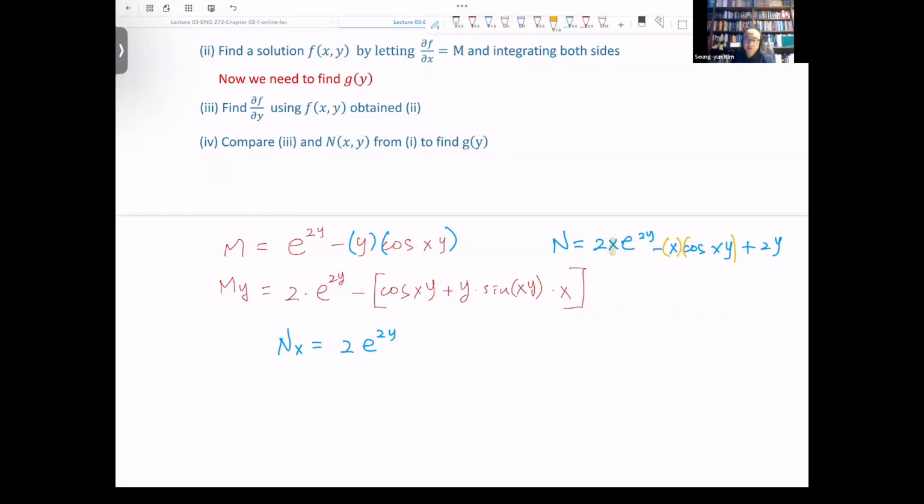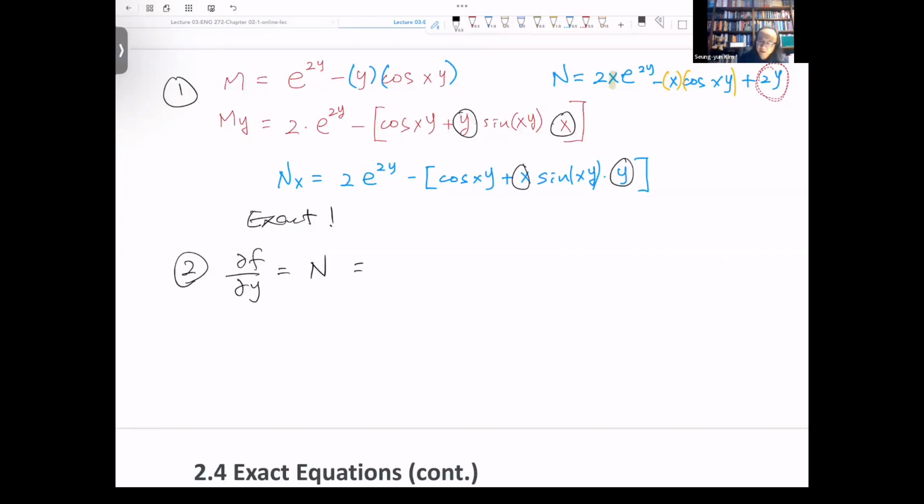There are two x's. First derivative, second one, plus first, second derivative, sine xy, this time y, derivative of 2y, they're all constant, it's going to be 0. So when you compare, they are the same, so it is exact.